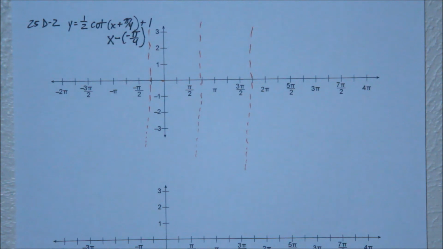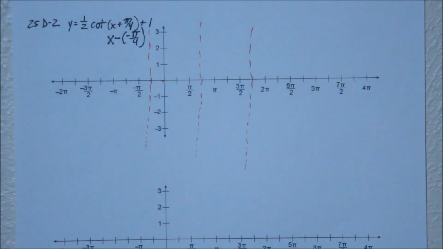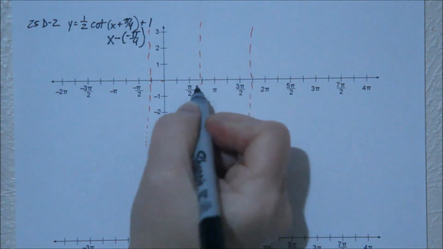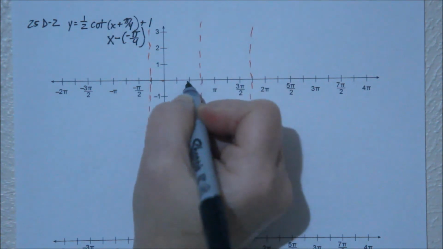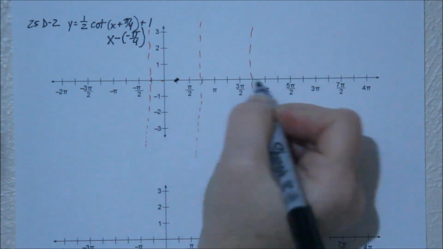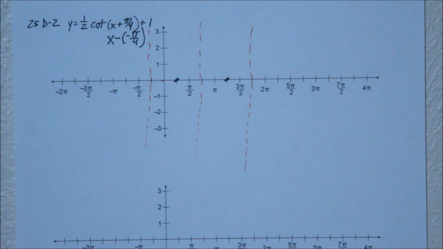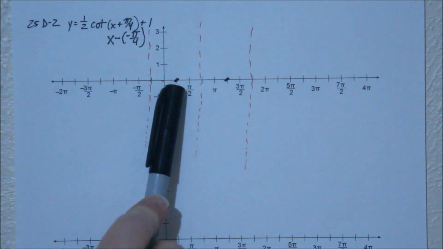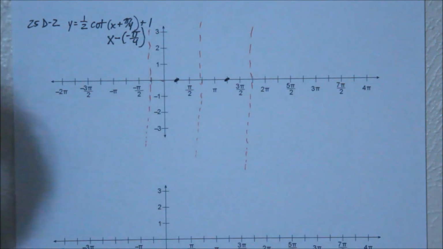So for the one point that we're graphing, all you have to do is now put your point in the middle of those, in the center of those asymptotes. So the center of this will be 1, 2, 3, 4, 1, 2, right there. Center of this one, right there. If you had basic cotangent, your graph would be changing directions at the x-axis, but we have to take into account this translation.